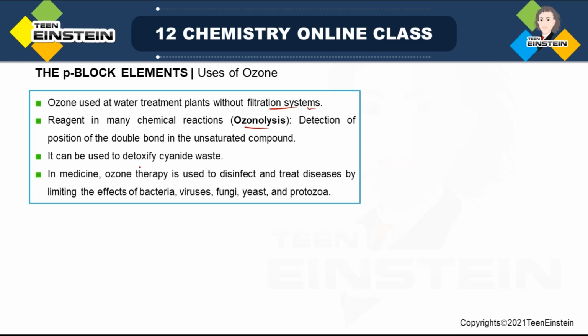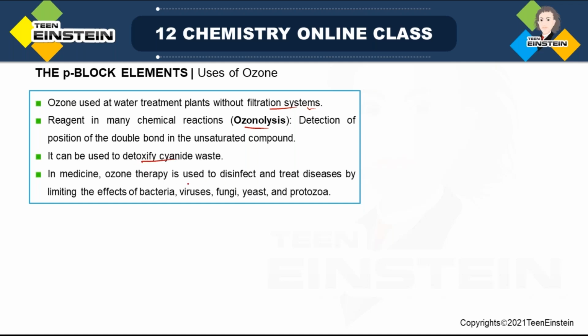Then ozonolysis is used as a reagent, and the ozonolysis reaction is also used for detection of the position of a double bond, because when the C=C double bond is broken, you get two different carbonyl compounds. Suppose there is a very large molecule, and you know that there is a C=C double bond, but you do not know the actual location of the double bond. After cleavage, if you can identify the carbonyl compounds produced after the ozonolysis reaction, then you will be able to understand the position of the double bond, that is the location.